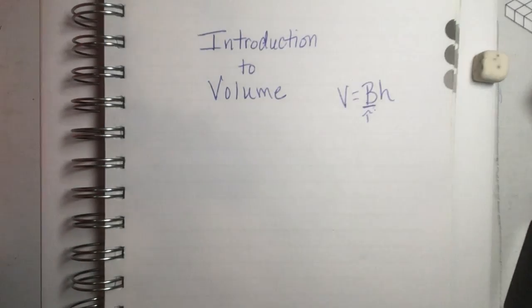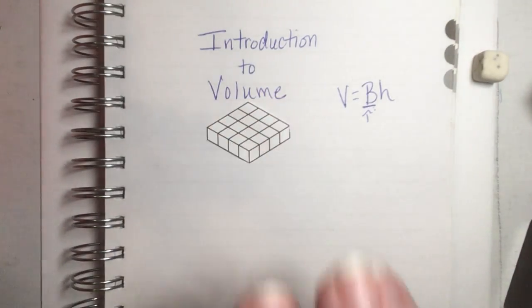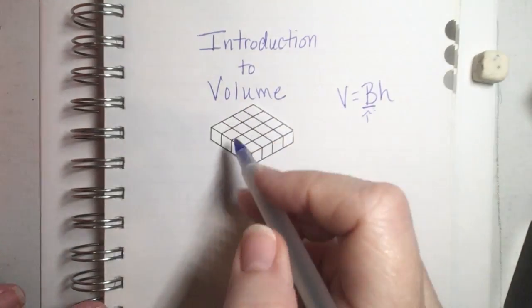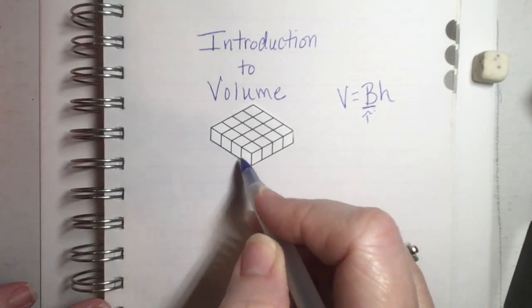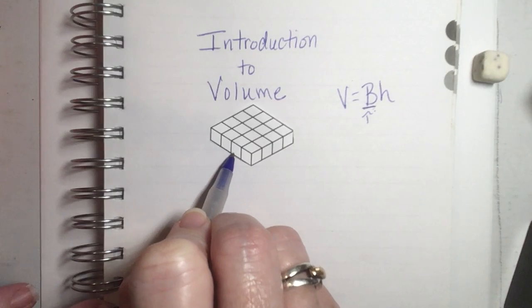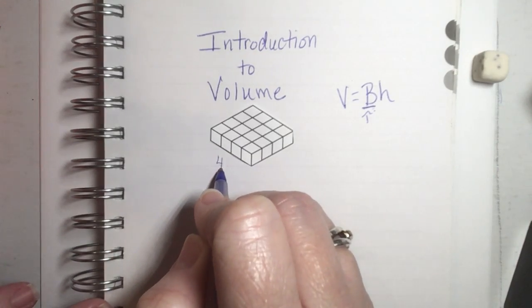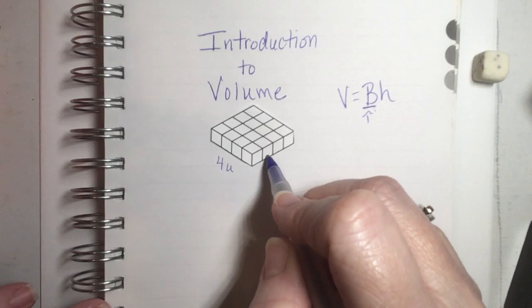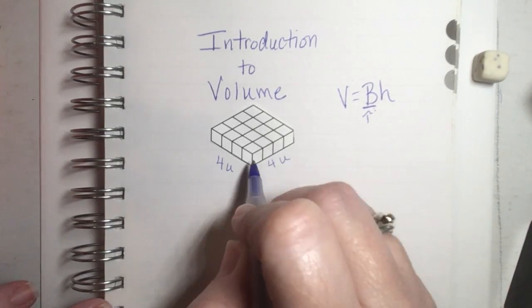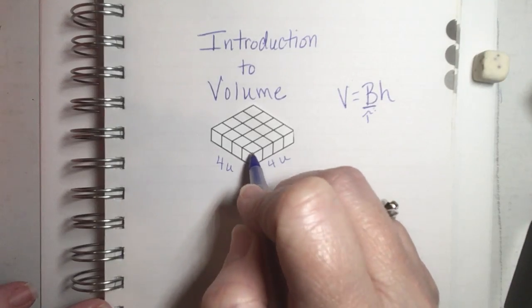Let me show you another example of how we can look at that. Okay, so if this would be the first layer of our rectangular prism, and we wanted to know how many cubes this was, we would count 1, 2, 3, 4. This is 4 units long, and 1, 2, 3, 4 units wide, and then it's 1 unit tall, right?